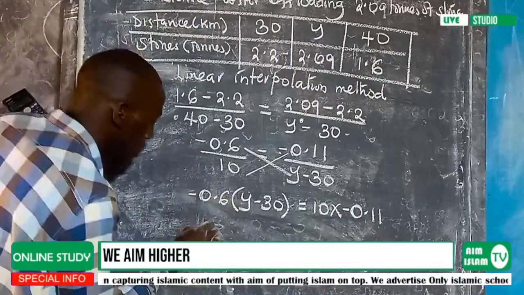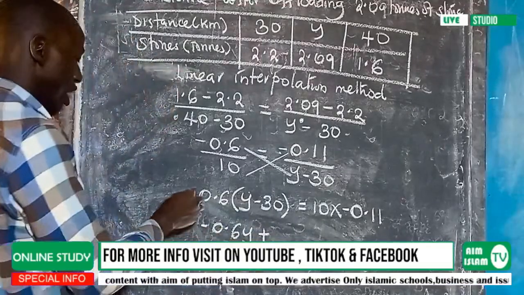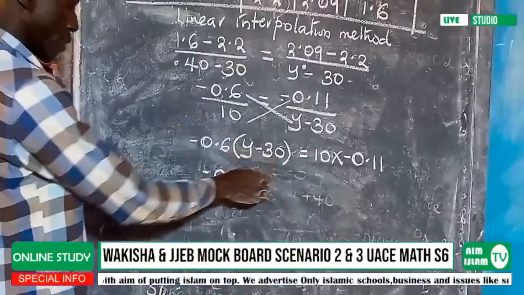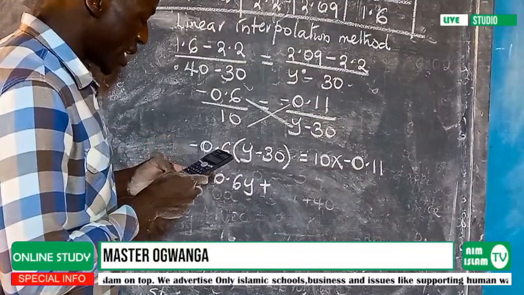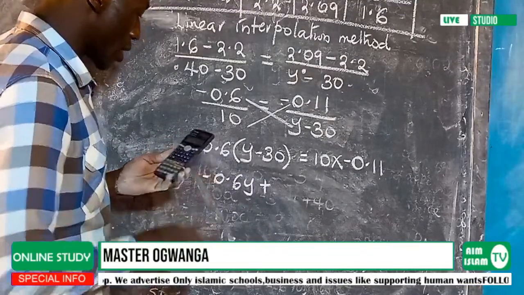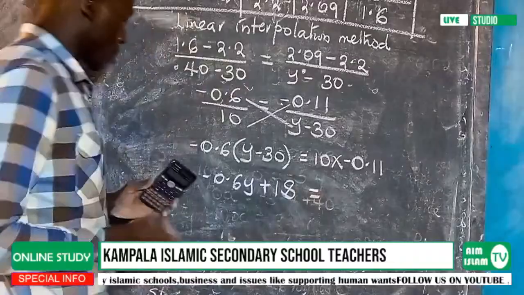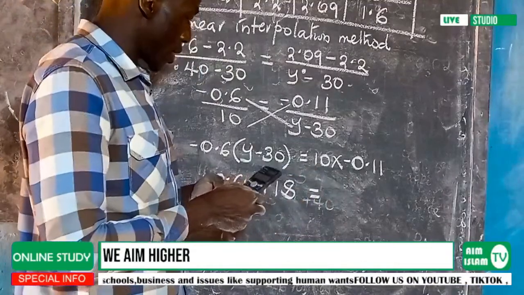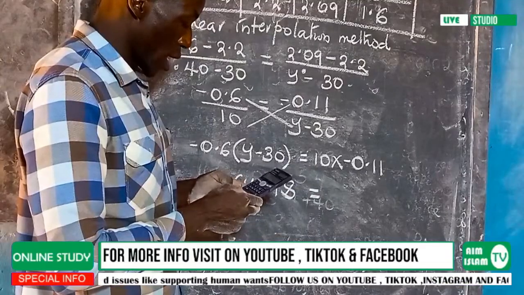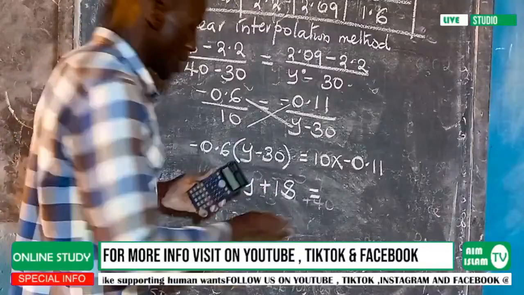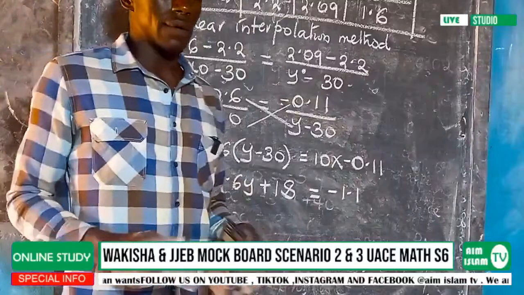So we open this. This is negative 0.6y plus, because we are dealing with a negative and a negative. That's why I'm giving a plus. So we only multiply the 0.6 and the 30, which has given us here 18. And this side will have 10 times negative 0.11, that's negative 1.1.